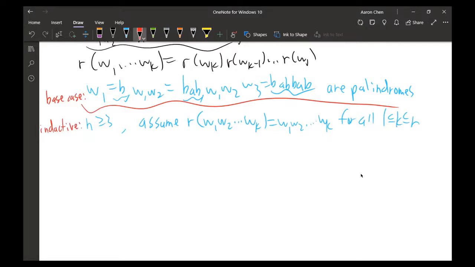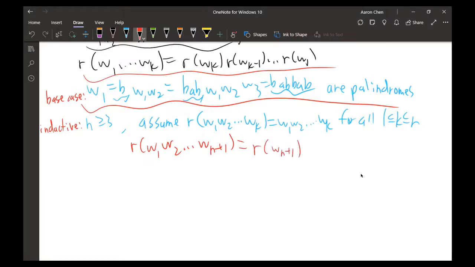And so now we look at R of W1, W2, all the way to W of n plus 1. So by using this, we can see that this is simply just R of W of n plus 1 iterated by R of the reverse of W1, W2, all the way to Wn.